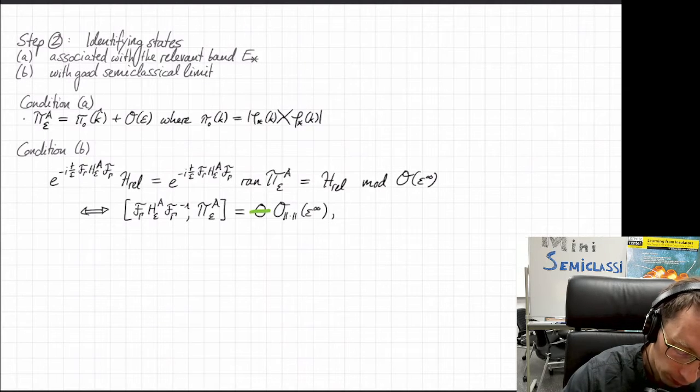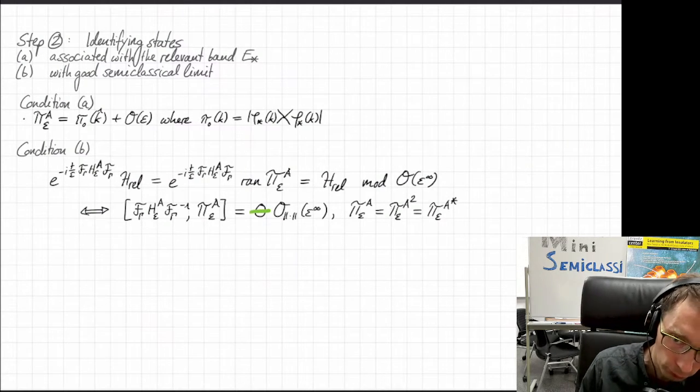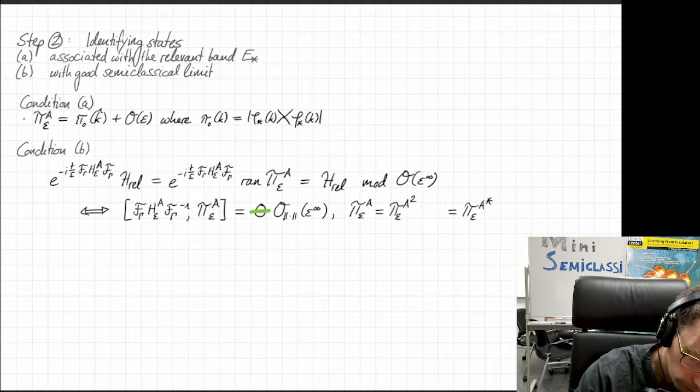And of course, if we think about constructing such a projection, one of the things we need to impose when we construct pi epsilon order by order is that it is indeed an orthogonal projection, again modulo order epsilon infinity.